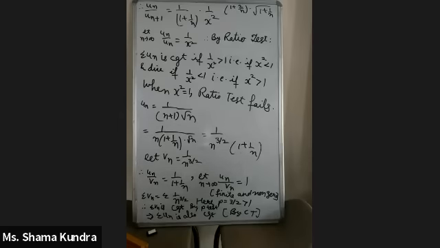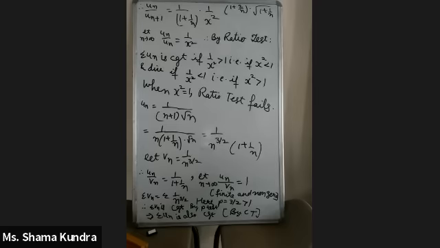In first two examples, x is not present, so we get limit greater than 1 or less than 1. In this example, after failure of ratio test, we get series un is convergent at x square equals to 1 with the help of comparison test.